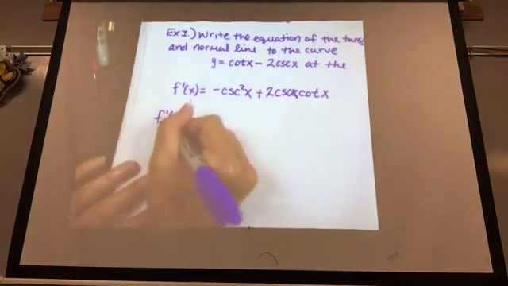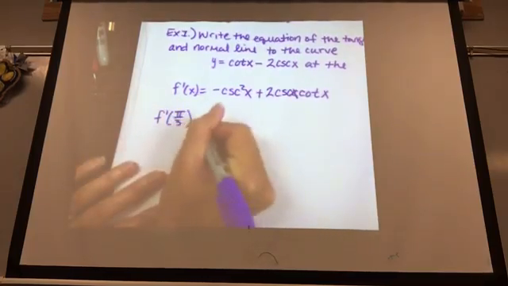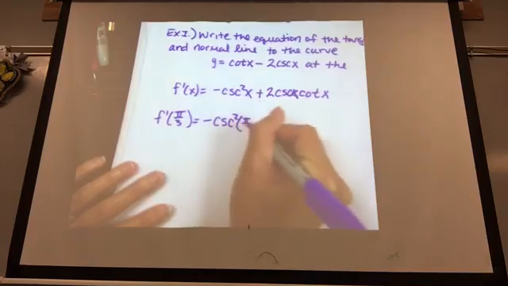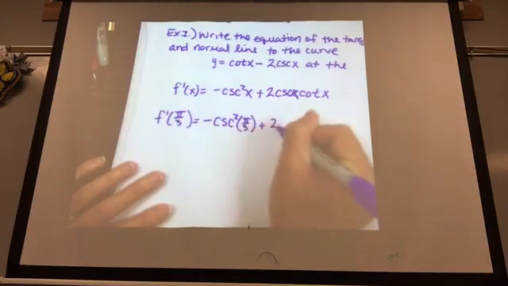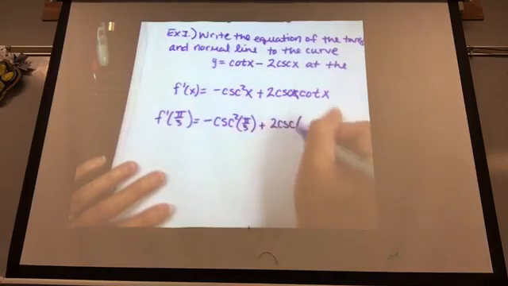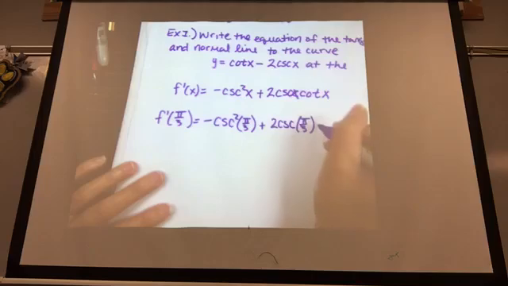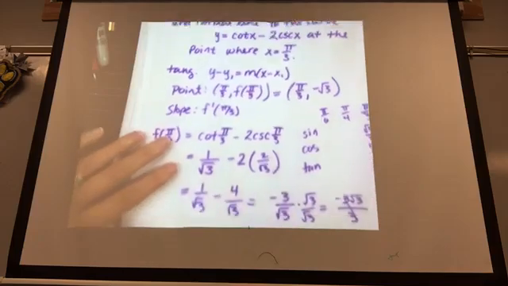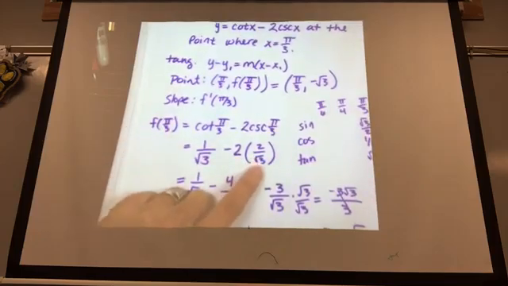And now we can plug in pi over 3. And we've already found what these values are. So cosecant of pi over 3, over here we said was 2 over the square root of 3.